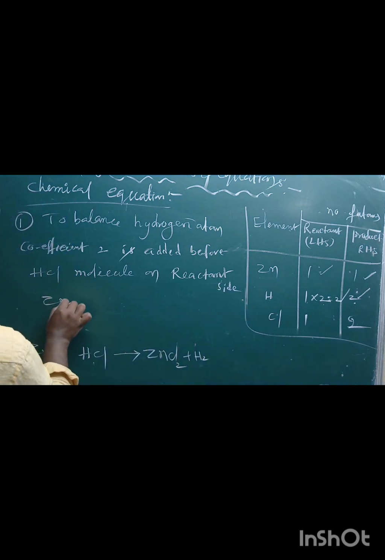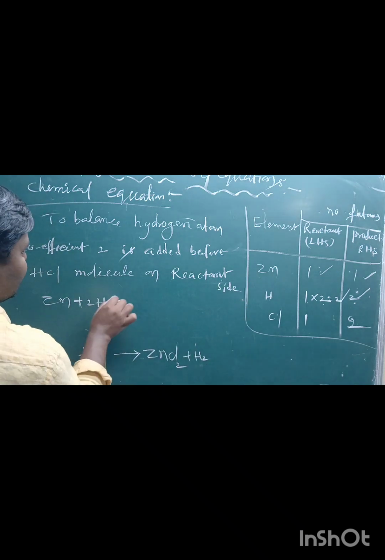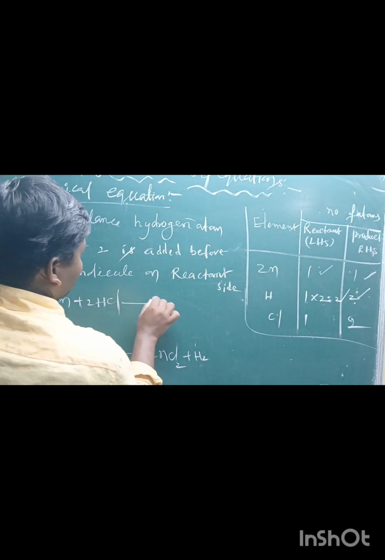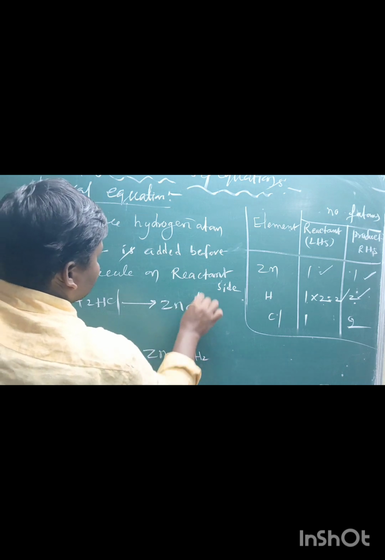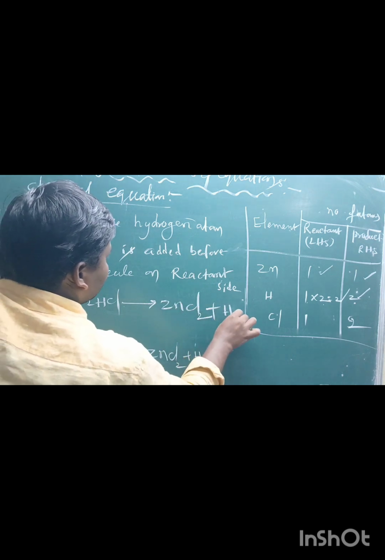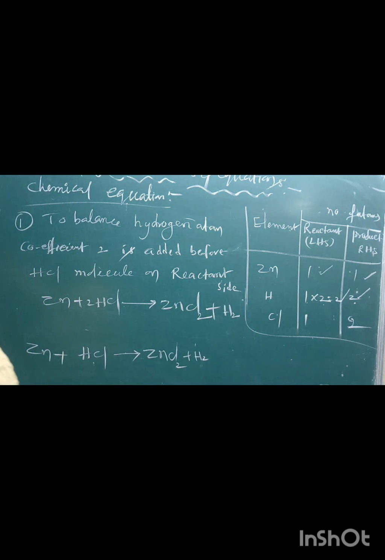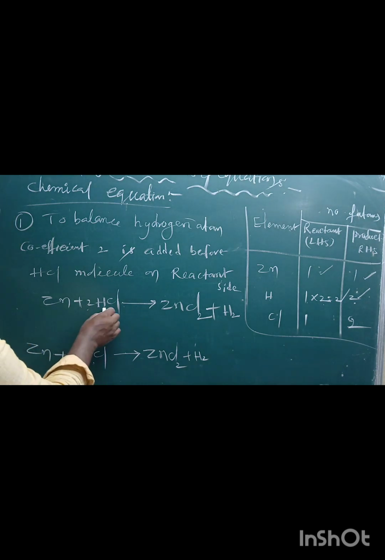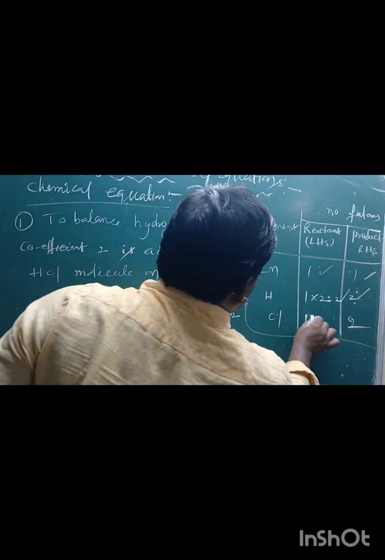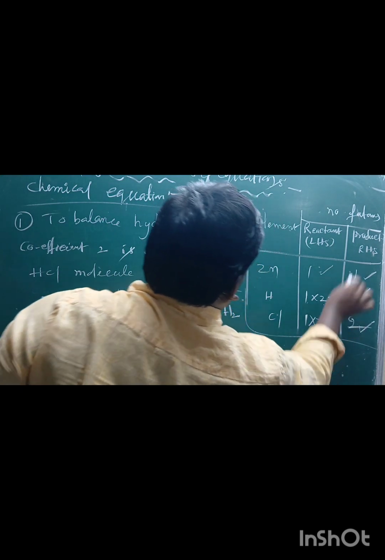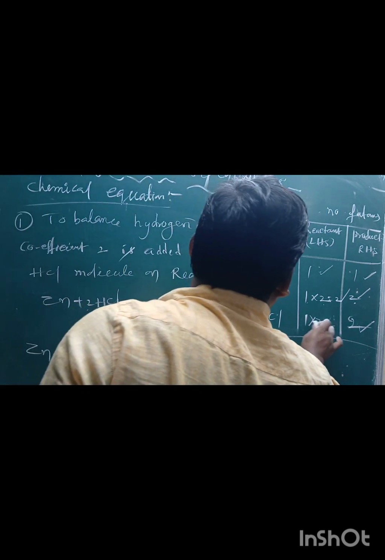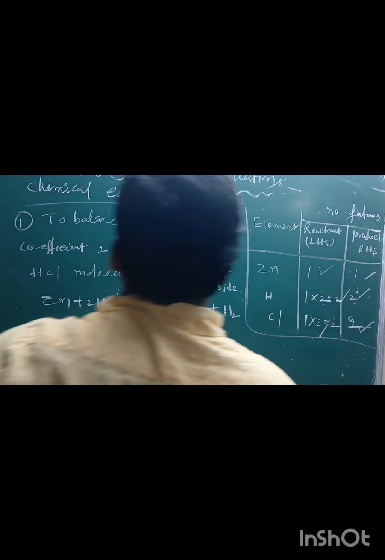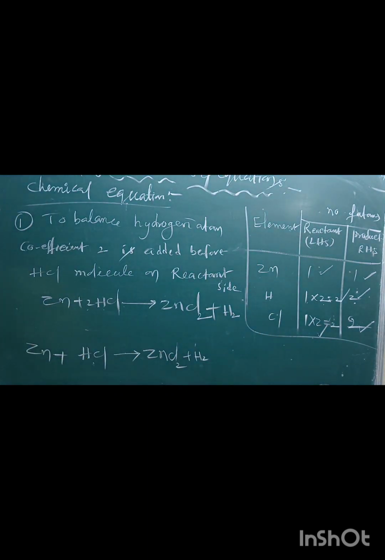That means Zn plus 2HCl gives rise to ZnCl2 plus H2. Now 2 into Cl: 2 ones are 2, and here also there are 2. Now it is balanced. Like that we can balance any chemical equation. I hope it is clear.